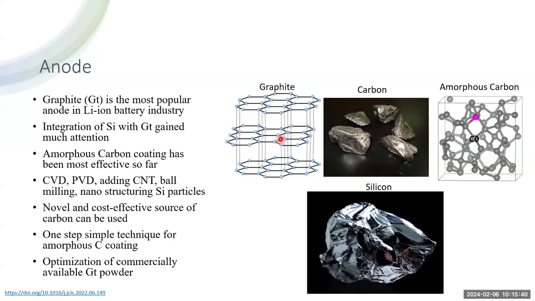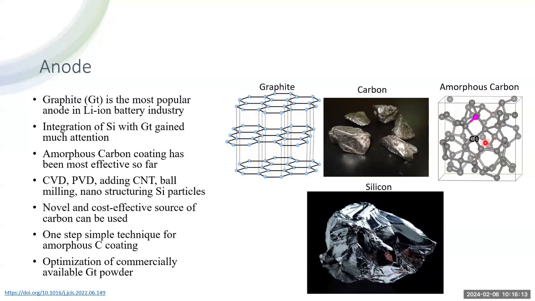The advantage is that it has hexagonal plates that are a distance away from each other. Graphite is a form of carbon, and it is crystalline. When you have a regular structure, it's graphite. When you have an irregular structure, but also a carbon-based material, you have amorphous carbon.